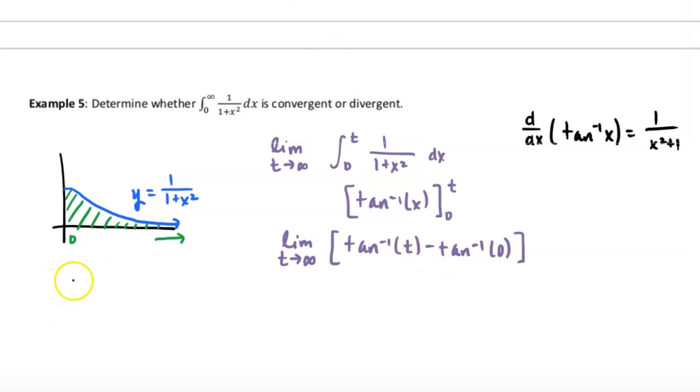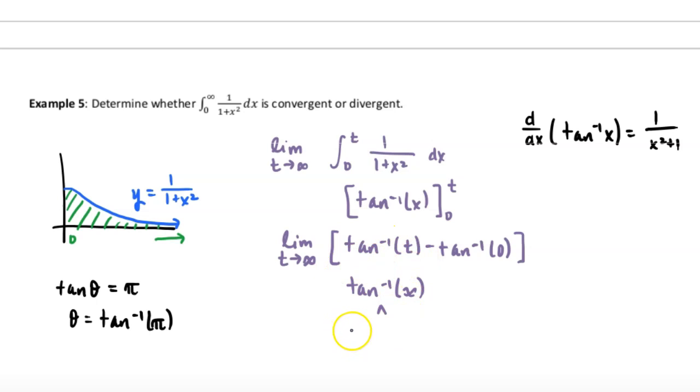If I've got the tangent of theta being equal to some value, let's use, I don't know, pi as an example, if I want to solve for theta, I know that theta is equal to the inverse tangent of pi. So if I have the inverse tangent of infinity, I'm thinking, what value of theta is going to give me a tangent of infinity?